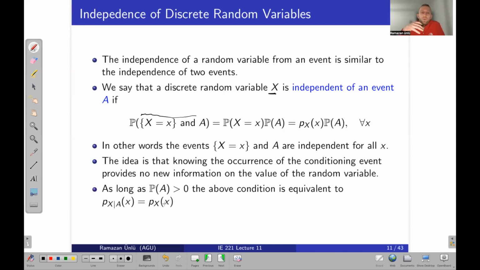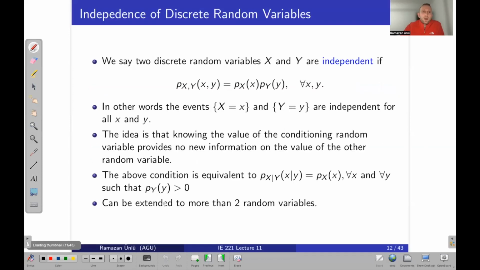Even if a piece of information is given to us as a condition, that information will not help us get extra information about the other event. That's why, whether there's a condition or not, the probability will not change. So the logic is the same.